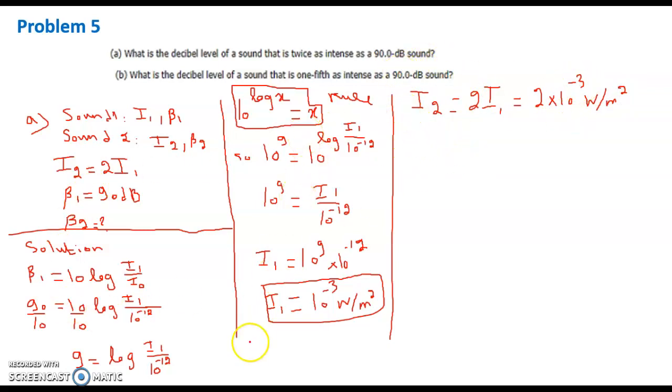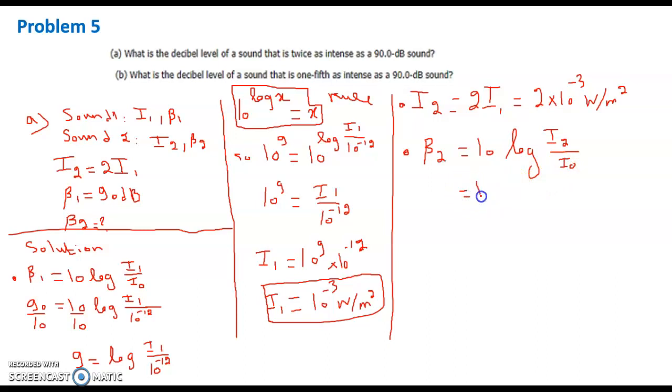This was the first step, to find I1. This is the second step, finding I2. Now the third step is to say that the decibel level of the second sound is beta 2 equals 10 log I2 over I0, the threshold of hearing.